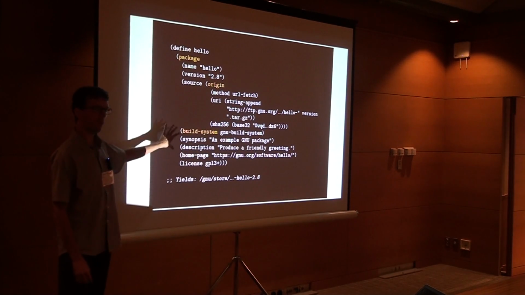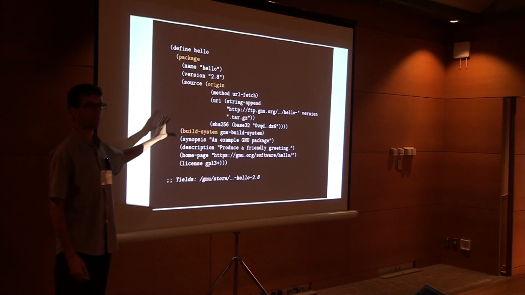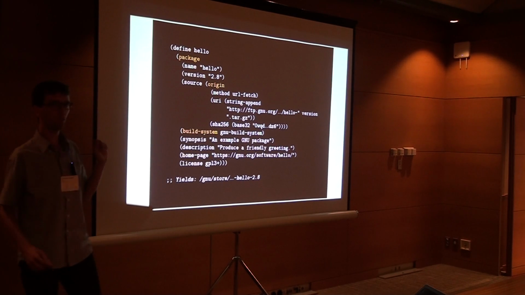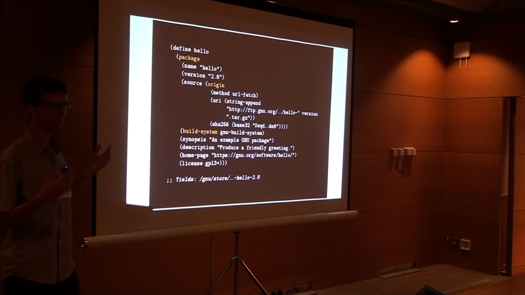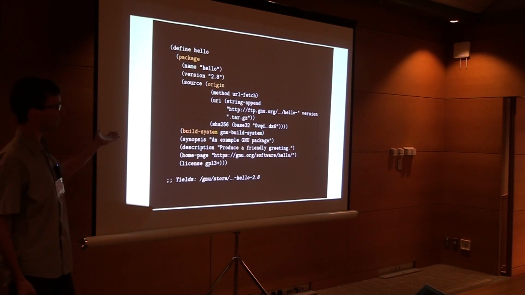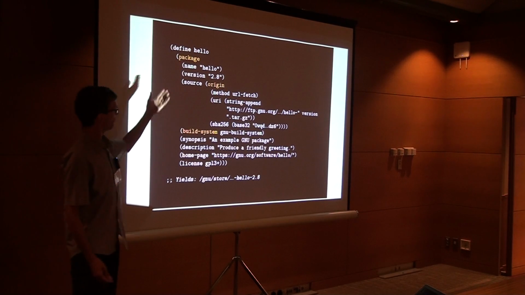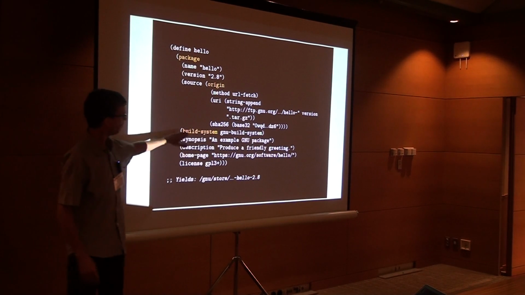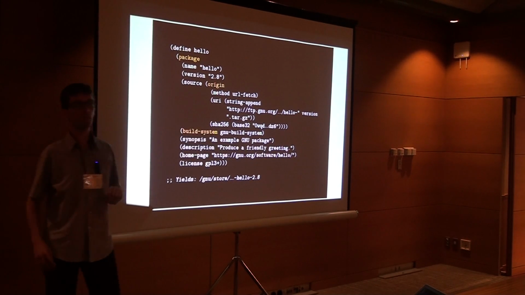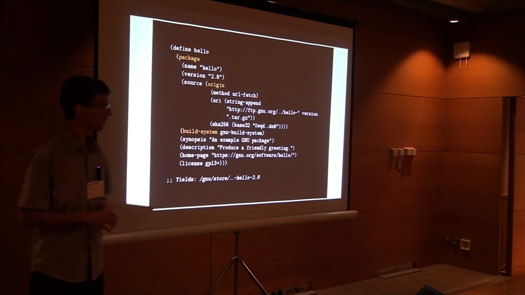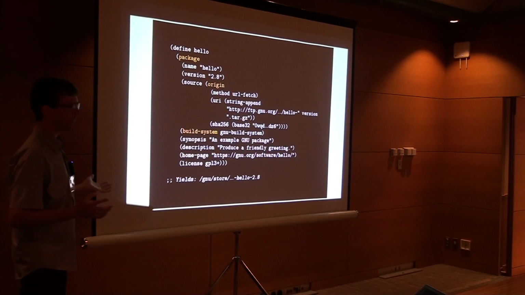Then in Guix, we define high-level package recipes like this one. So, you know, without being a Scheme expert, I think anyone can recognize what this means. We're just describing the package, how it needs to be built. So this gnu-build-system thing means configure, make install, you know, that kind of thing.